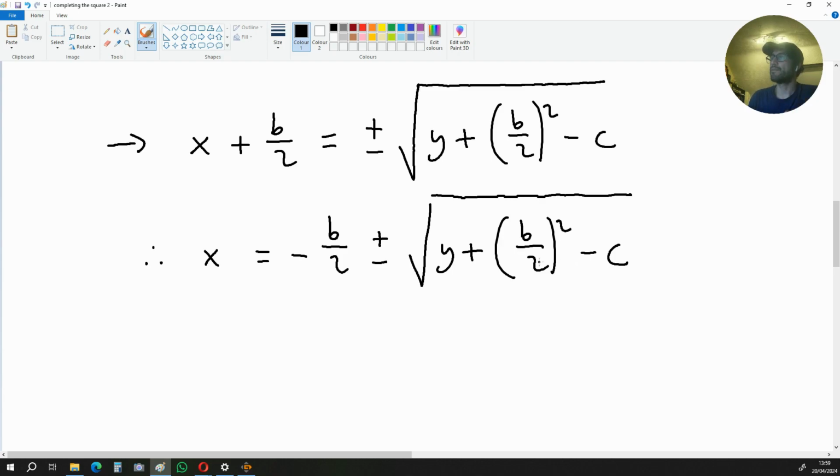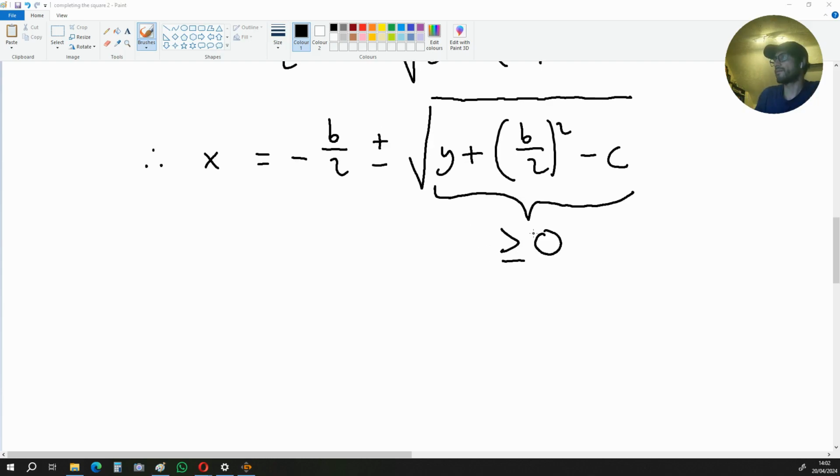Now from here, you need to know that this expression has to be greater than or equal to 0, because we're dealing with real numbers. So whatever is underneath that square root sign has to be greater than or equal to 0. If we take this into account, we're going to be able to find that turning point.